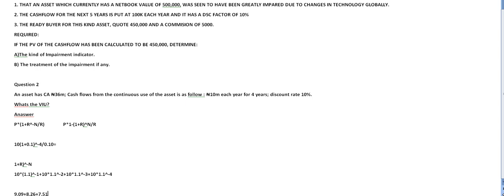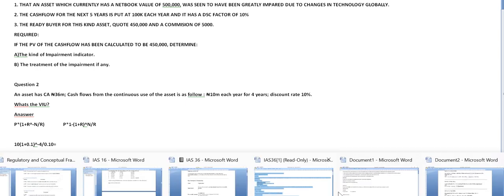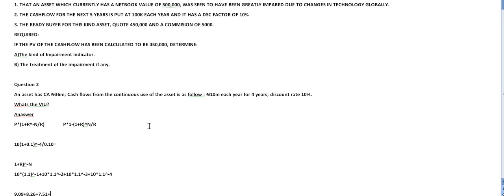So 1.1 raised to power minus 4, what will it give to you? 0.683, multiplied by 10, that is 6.83.